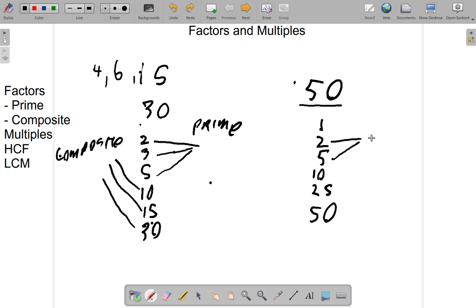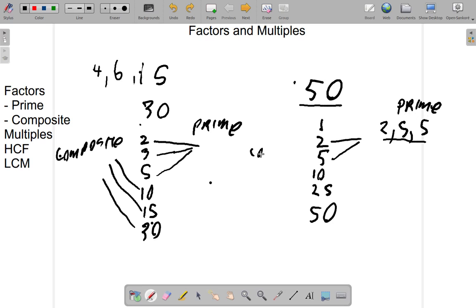If you want all the prime factors of 50, they will include 2 and 5. You have 2, 5, 2, 5, 10. 10 times what gives you 50? Another 5. 2, 5, 10, 10, 5, 50. These would be the prime factors of 50.